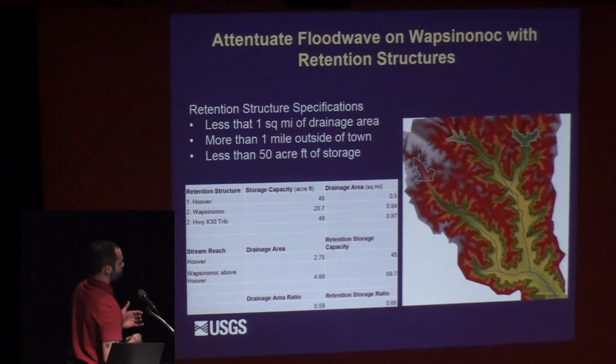So for my design, I designed two more of these structures on the upper ends of the Wapsinonoc Creek. This is the one on the Hoover Creek that is already in place. And I kept around the same parameters, or same design. I wanted to keep it under 1 square mile, under 50 acre feet storage capacity, just so you're on that lower tier of dam regulations.